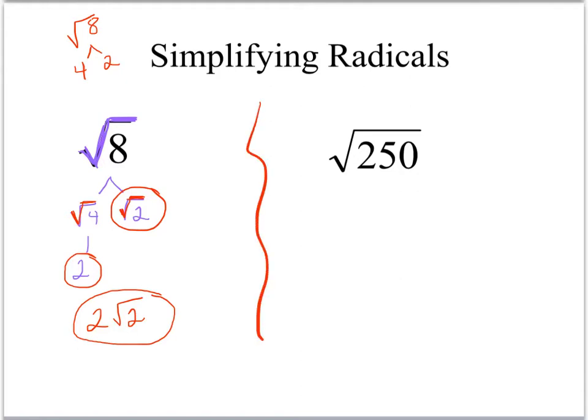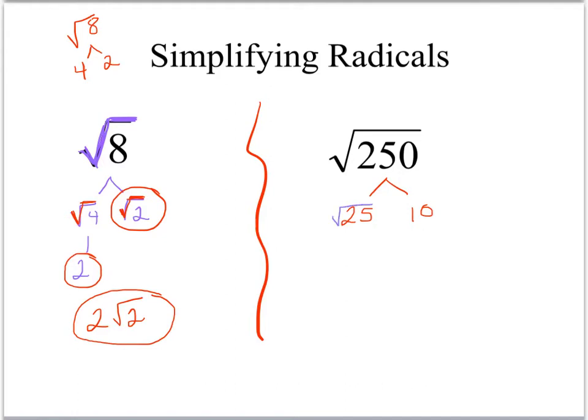Now when we have bigger numbers, like the square root of 250, again, I want to pick perfect squares that are factors of 250. And the first one that comes to my mind is 25 times 10, because 25 is a perfect square. Now, hopefully you noticed what I just did. Do not write 25 times 10. That is not true. 25 times 10 is 250.